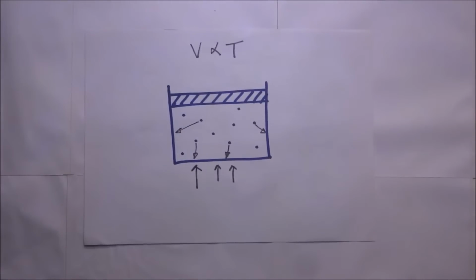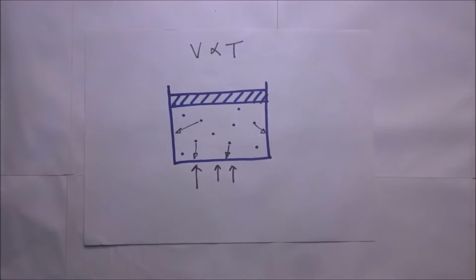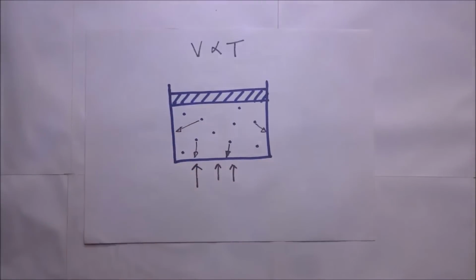So the faster the particles move, the higher the rate by which they hit the container walls, therefore an increase in pressure. So if pressure is to be kept constant, which is required by Charles's law, it means that the volume occupied by this ideal gas has to be increased so as to compensate for the increase in particle collision with the walls of the container.